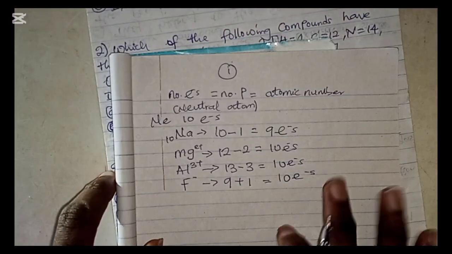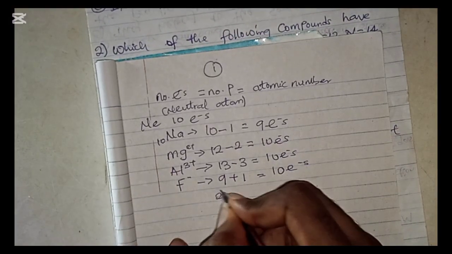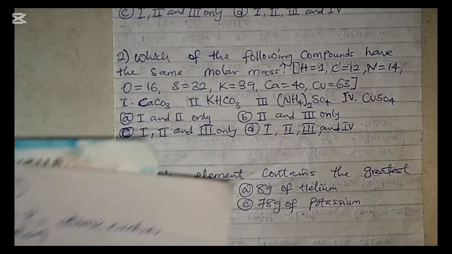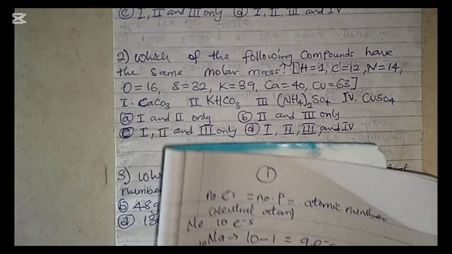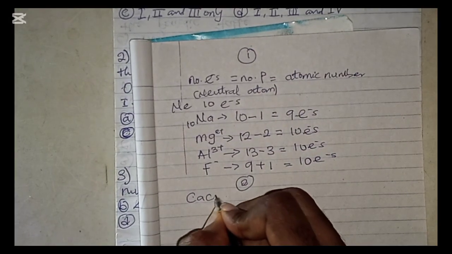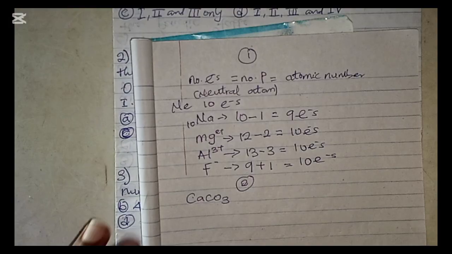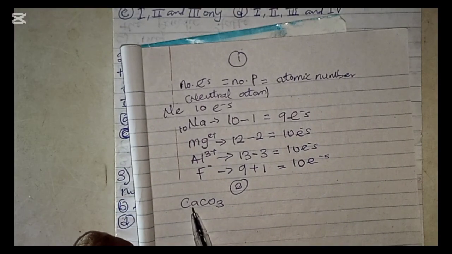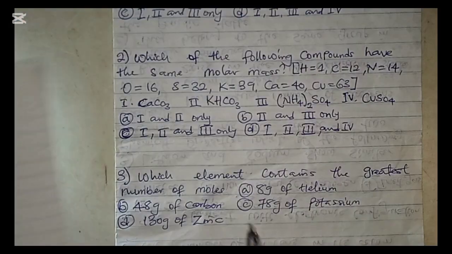So let's start. For question number 2, let's start with CaCO3. To find its molar mass, we would have to start by finding the relative atomic mass of calcium.